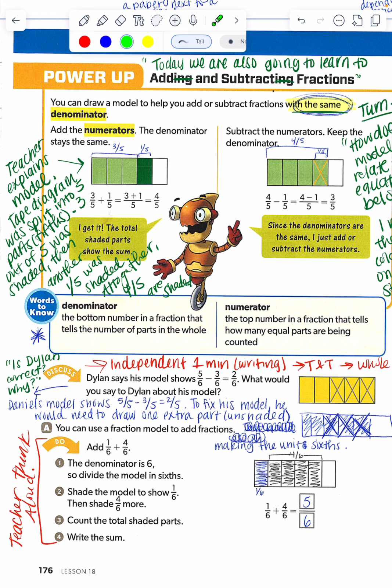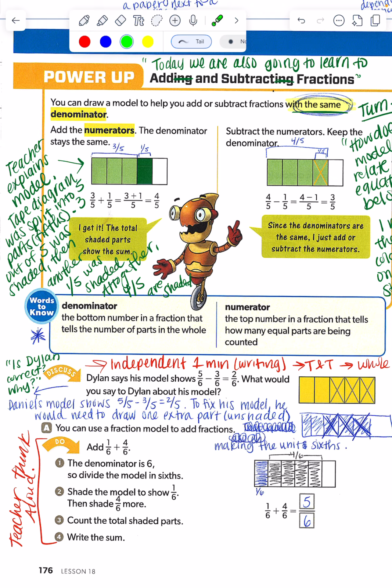He has shaded in 5 out of 5 pieces, meaning that his fraction started out with 5 fifths. And then he took away 3 fifths, which would lead to 2 fifths.